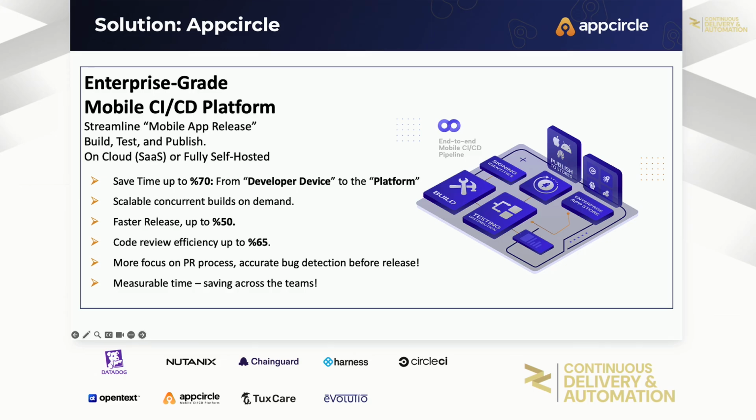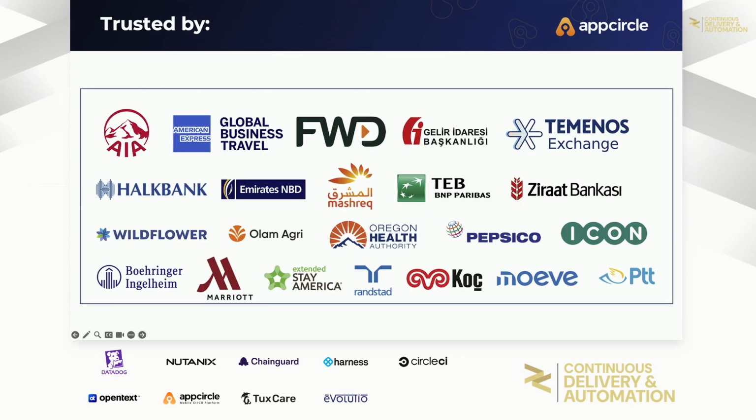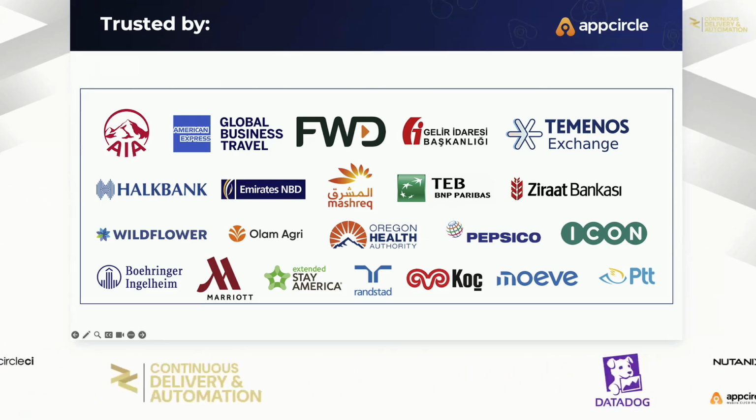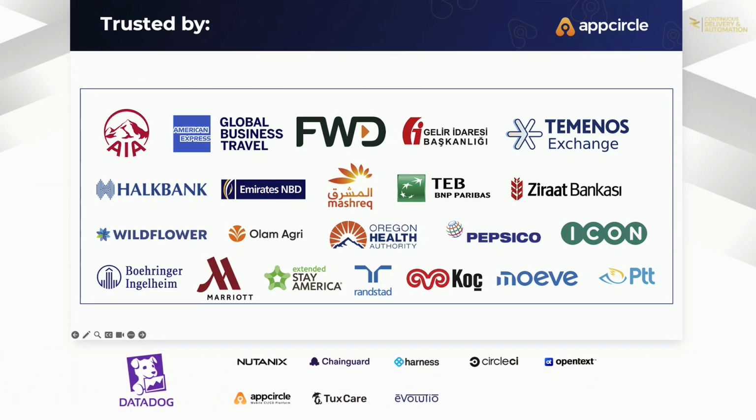I will try to keep the advertisements as minimal as possible, as I promised. So these are some examples of the global customers that we are talking about. I tried to pick from every single industry and geographical region, so that you can understand, from finance to government, from retail to heavy industry.